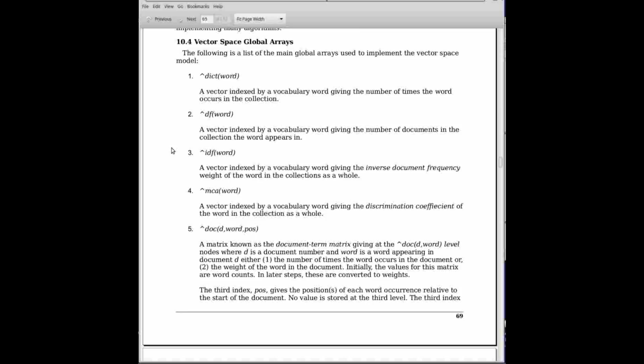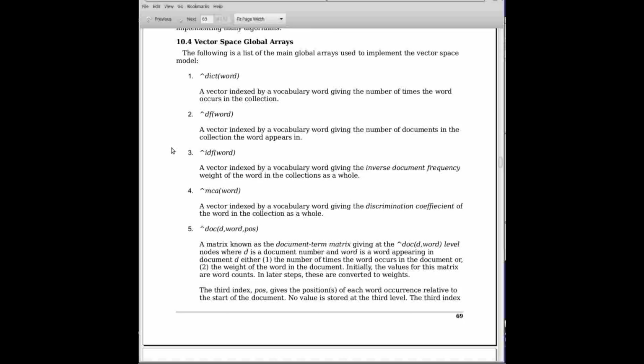So if I have some word, medicine, and it occurs in dict 100 times, that means it occurs 100 times in the collection. In DF, it might occur 25 times. Well, that means it occurs in 25 documents. So on average, it's occurring about 4 times per document. So one is the total number of times the word occurs in the collection. The other one is the total number of documents the word occurs in.